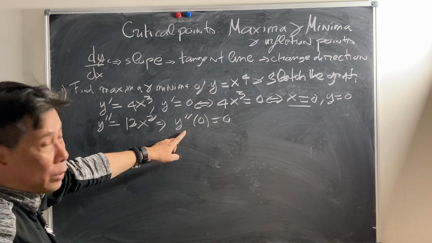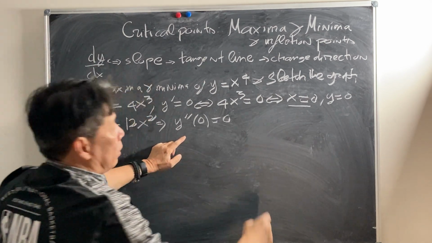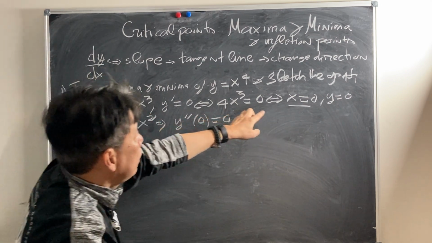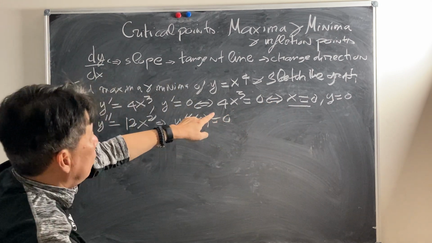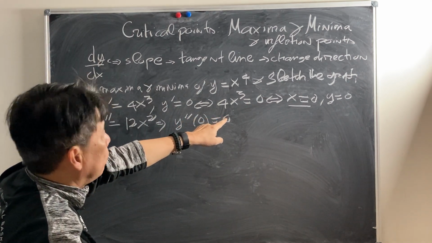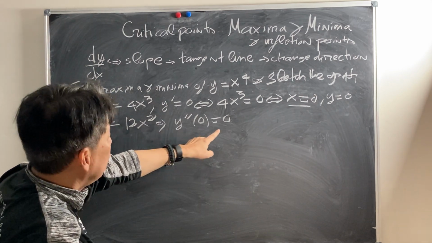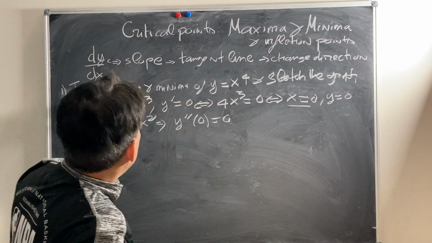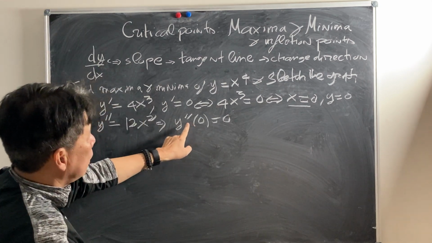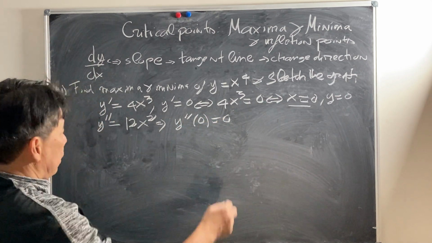Okay, if the second derivative is positive, then this point will be a minimum. Okay, if the second derivative is negative, then the point will be a maximum. In this case, because the second derivative at 0 equals 0, we don't know if it is maximum or minimum.